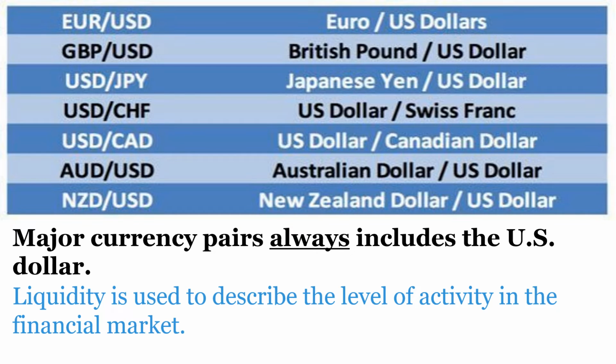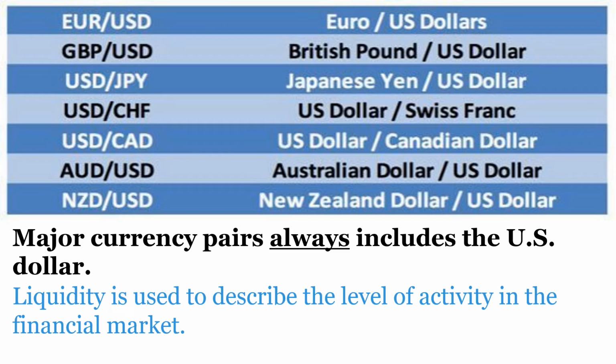These major currency pairs are the most liquid in the world. But what does liquidity mean? Well, it's used to describe the level of activity in the financial market. The liquidity is based on the number of active traders buying and selling a specific currency pair and the volume being traded.